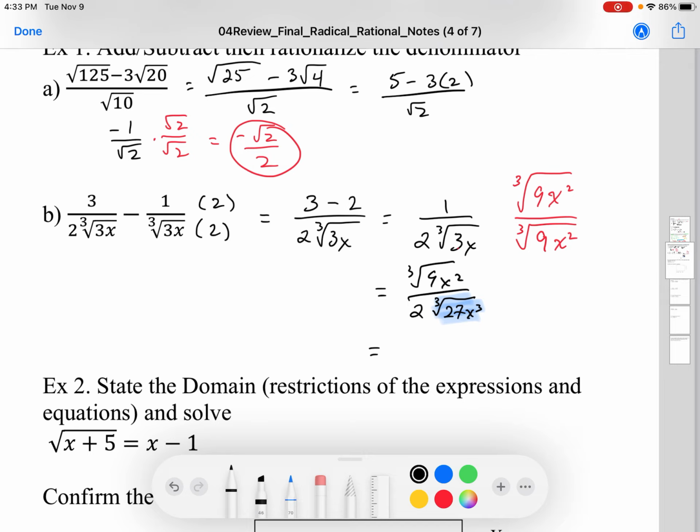I can simplify that to the cube root on top, 9x squared, and 2 times 3x on the bottom. Okay, so my final answer then is going to be the cube root of 9x squared over 6x, and that's going to be the denominators rationalized, so we're all good.